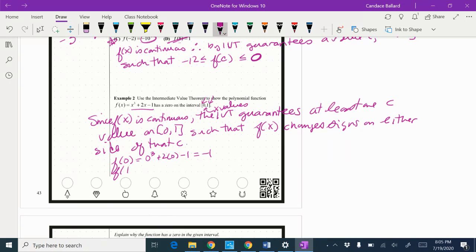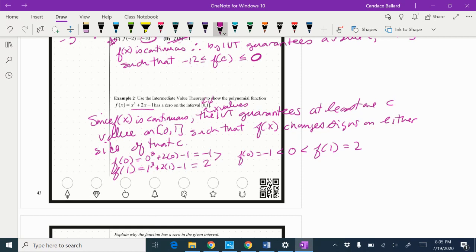And f of 1 equals 1 cubed plus 2 times 1 minus 1. So these 1's are going to cancel, so we would get 2. And notice that 0 is actually between those, so we're going to make that statement. So we know that we've got f of 0 equals -1 is less than 0 is less than f of 1 equals 2.